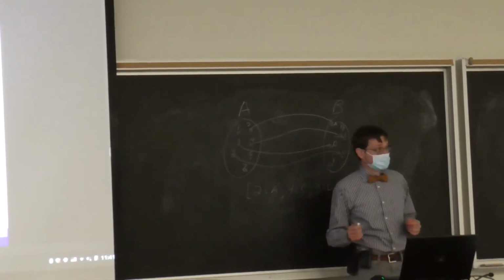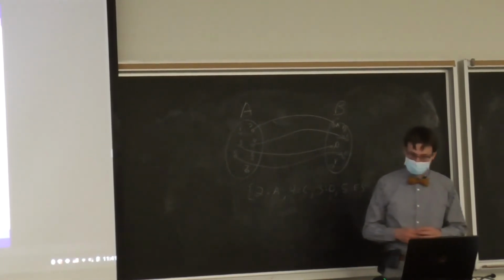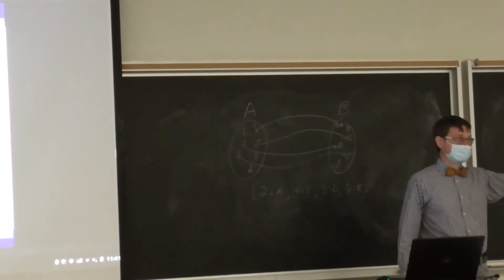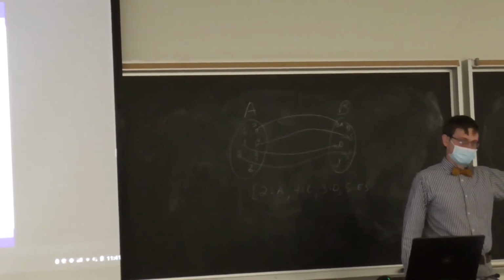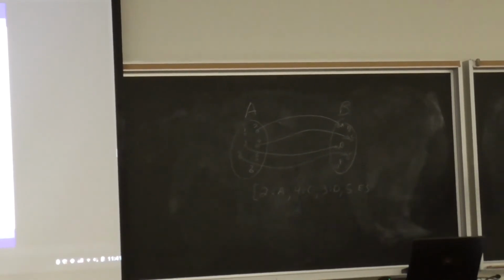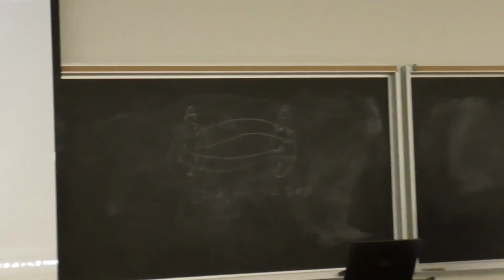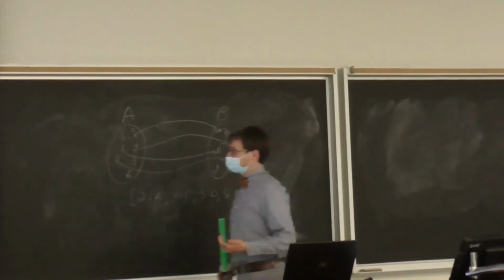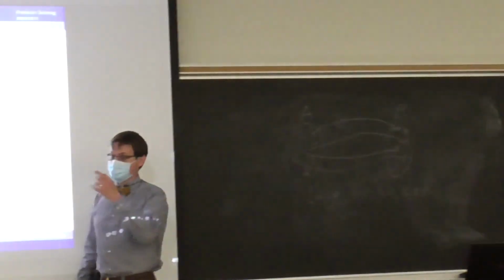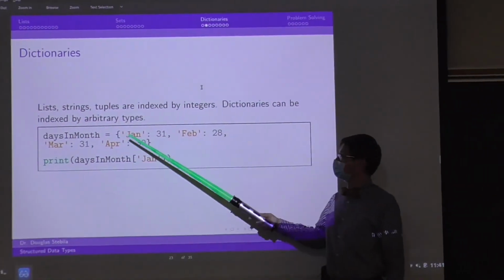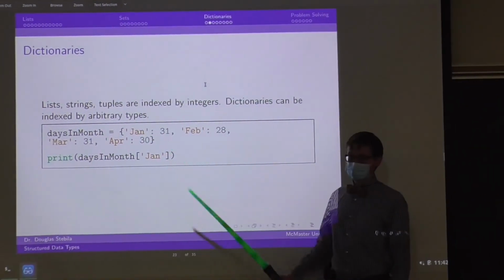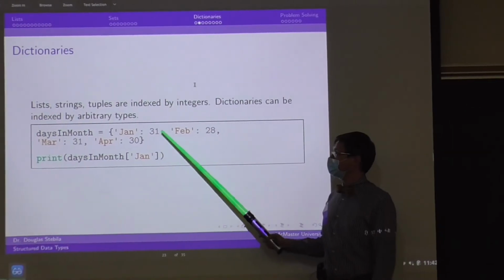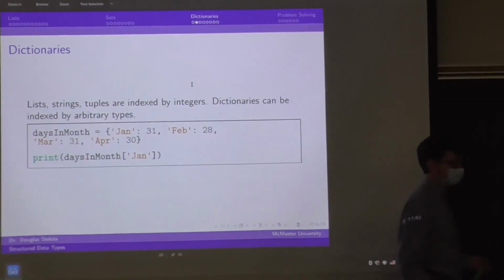It turns out that these are actually quite useful. It's a way of relating, for example, strings to numbers. In the example given in the slide, we define a dictionary, or mapping or relation, between month abbreviations and the number of days in that month.